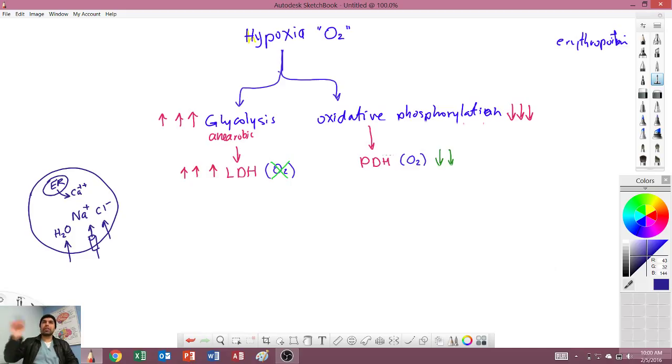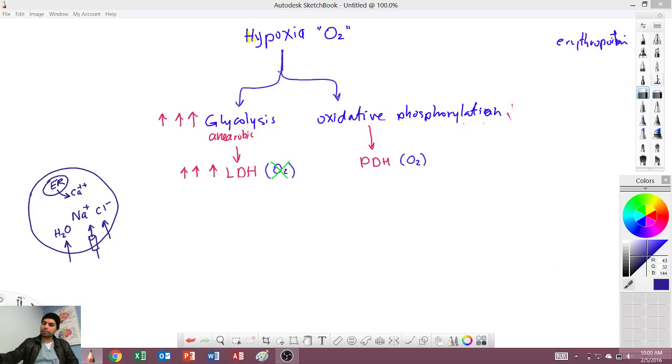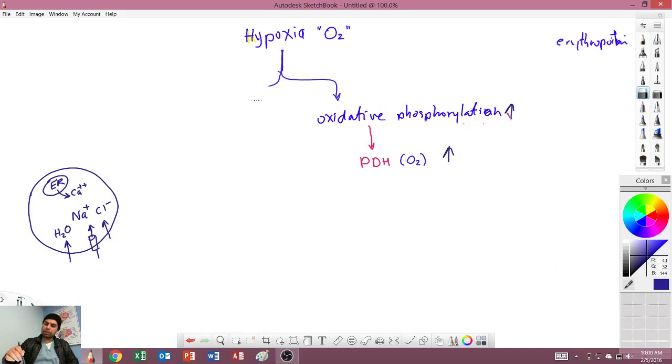Then the cell can reverse. So if oxygen is available, everything will reverse. Now it has enough oxygen to make ATP, so glycolysis will decrease. Not a problem. But the problem is, in this case, oxygen metabolism leads to free radical formation.